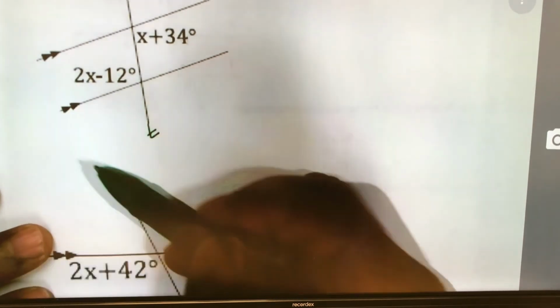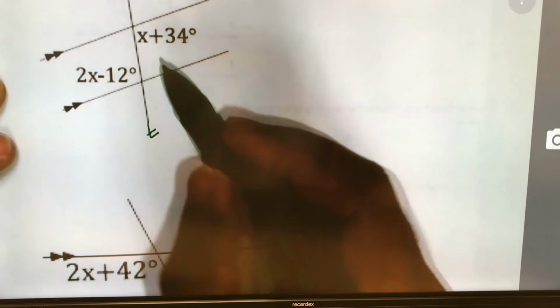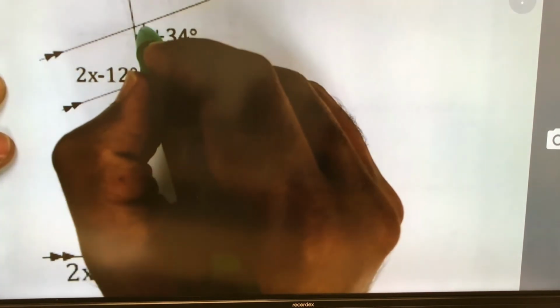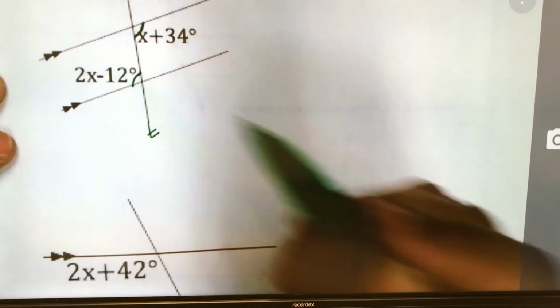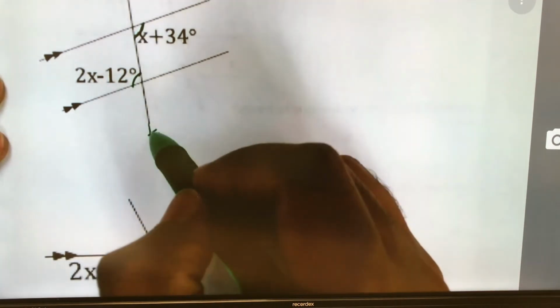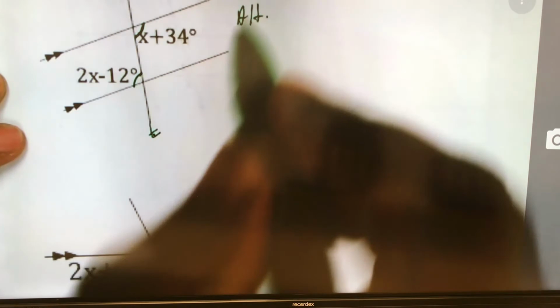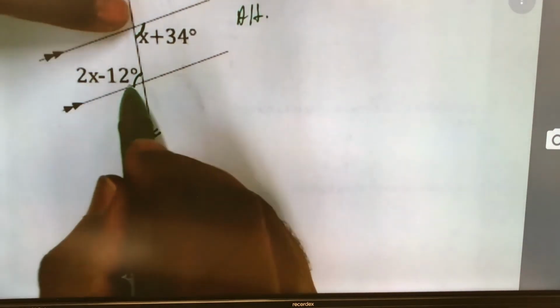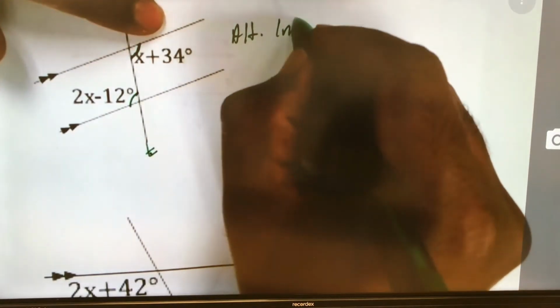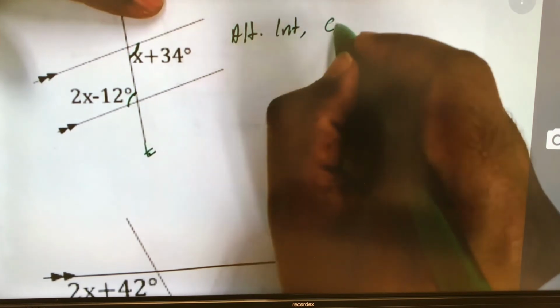This symbol shows that those are the parallel lines. So we are given this angle here and this angle. They are on both sides of the transversal, they are alternate, and inside the parallel lines, so they are alternate interior, so they are congruent.